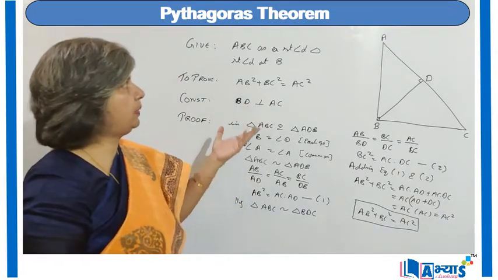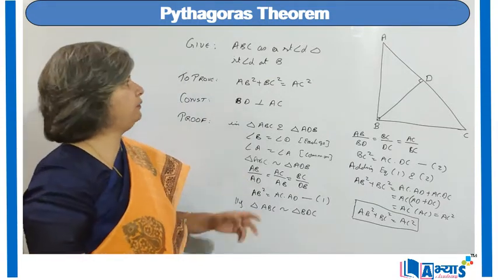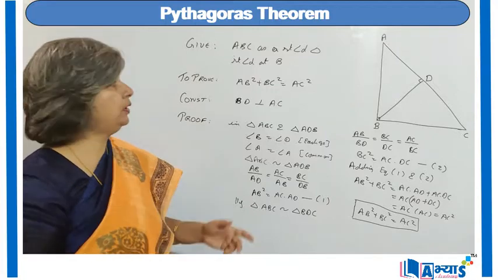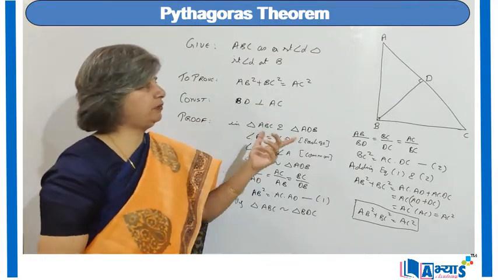So to sum up, we were given a right angle triangle ABC, and we were supposed to prove that AB square plus BC square is equal to AC square. This is the Pythagoras theorem. For this we have done a construction.